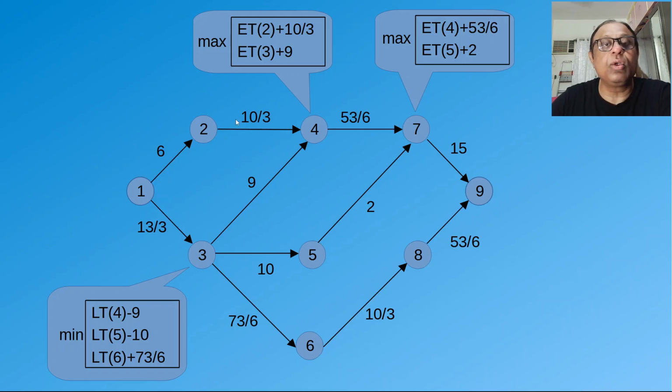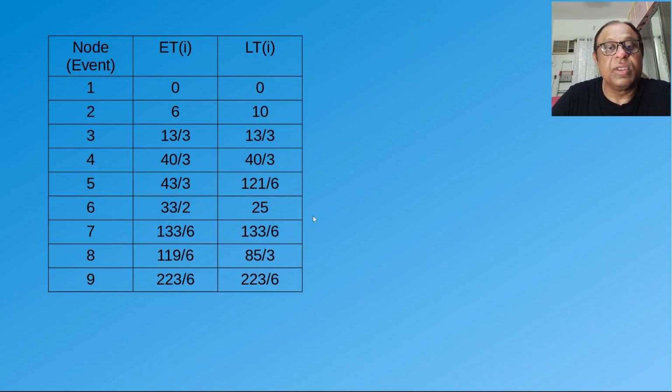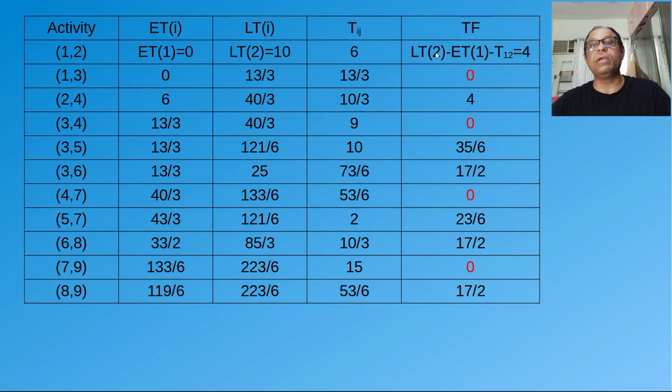If you want to find the total float of activity 2, 4, it's going to be the LT of 4 minus the ET of 2, and from that, of course, you have to subtract the times. So the calculation is shown here. Any total float is going to be the LT of j minus the ET of i minus Tij.